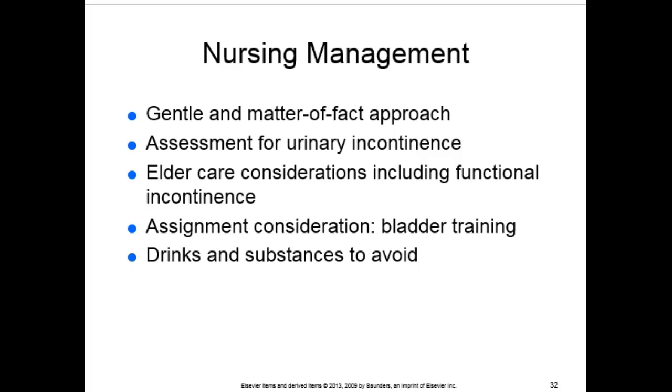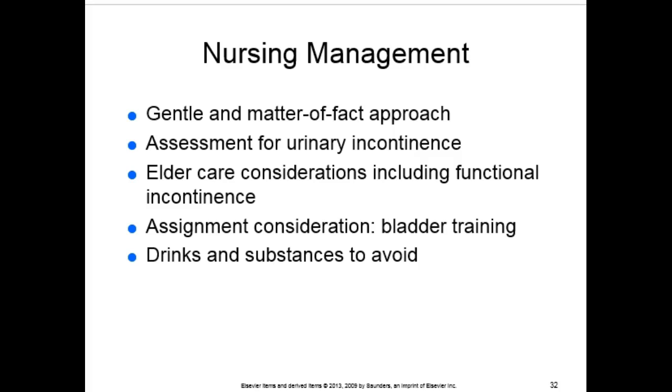So we want to assess the pattern of incontinence and instruct the patient to keep the diary. Then assist or remind the patient to go to the toilet at set times, just before the time when the incontinence usually occurs.